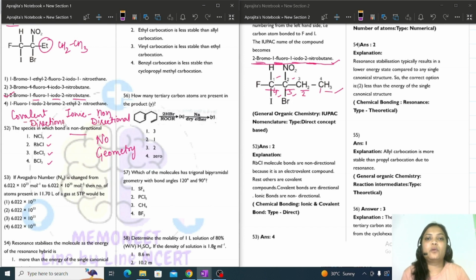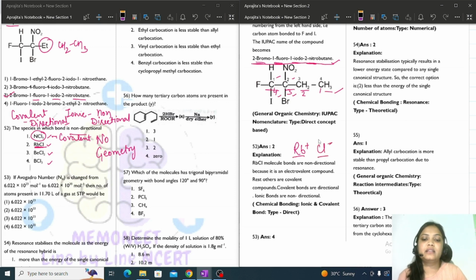Now in the options here we can see that NCl3 is a covalent compound. Rubidium chloride. Now rubidium is electropositive and chlorine is an electronegative element, and the electronegativity difference is more than 1.7, so it's an ionic compound.